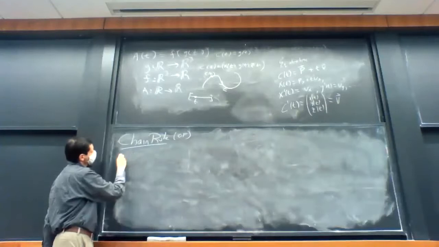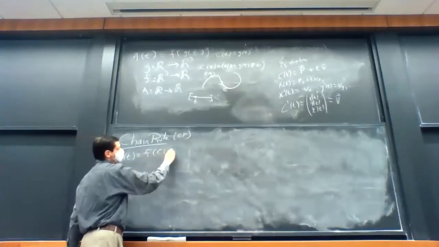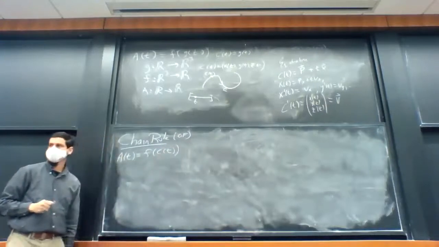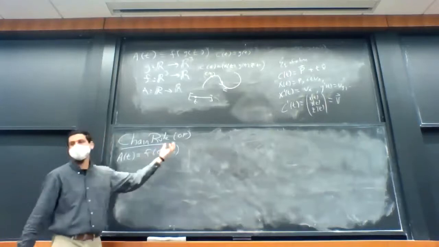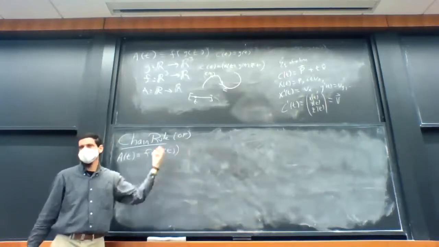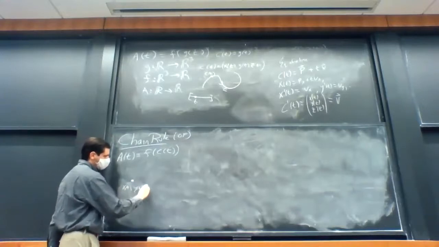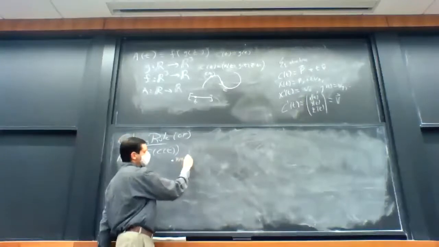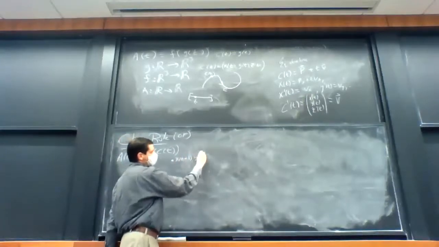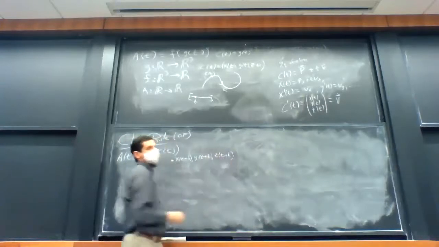We're going to look at a of t is f of c of t. And I could go with the definition of the derivative. I could have f of c of t plus h minus f of c of t over h. And if I do that, I would have some point x of t, y of t, z of t, and I would end at x of t plus h, y of t plus h, z of t plus h.